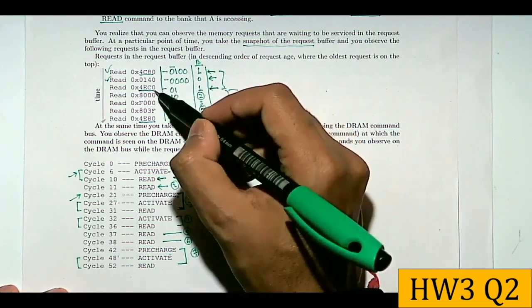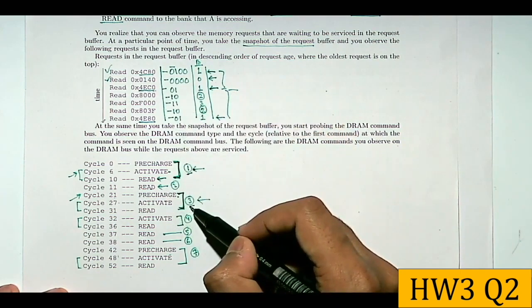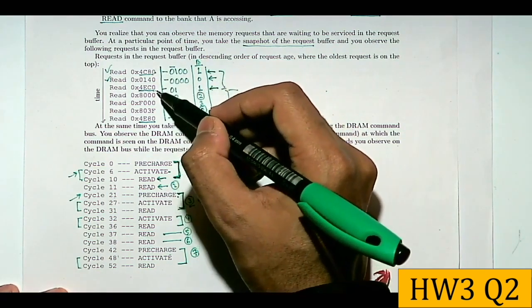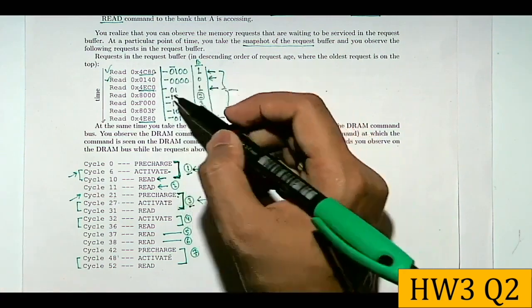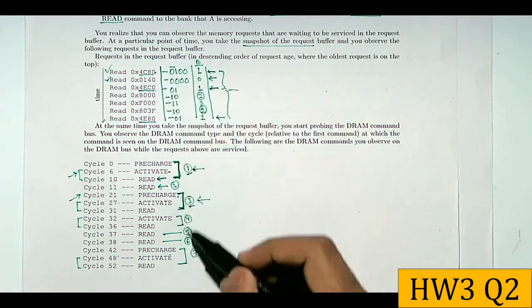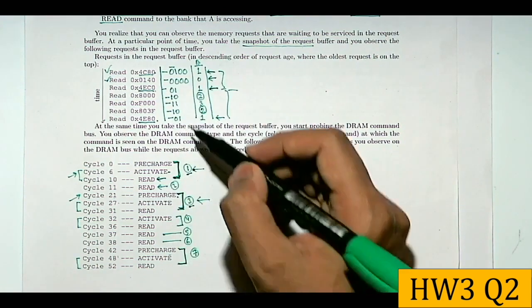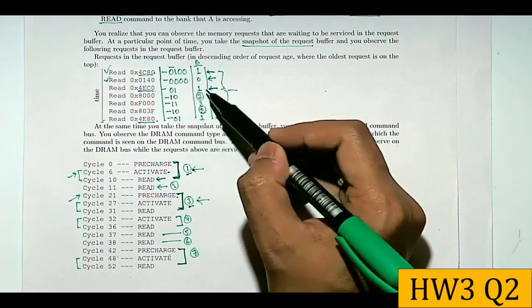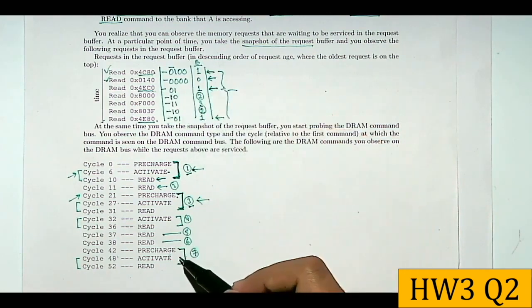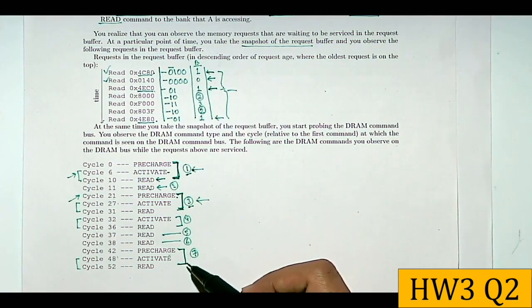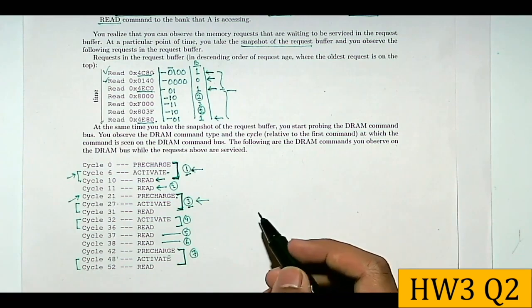Now, 4EC0 is getting serviced by pre-charge, so that means 4C80 and 4EC0 are not on the same row. That's one hint. Second hint, 4E80 and 4EC0, the last access to the same bank, is also followed by the same pre-charge. So these 2 are also not on the same row. Does that make sense?